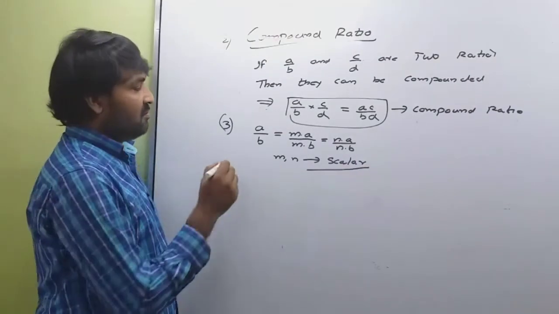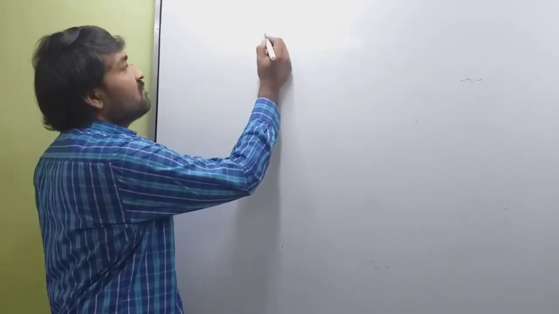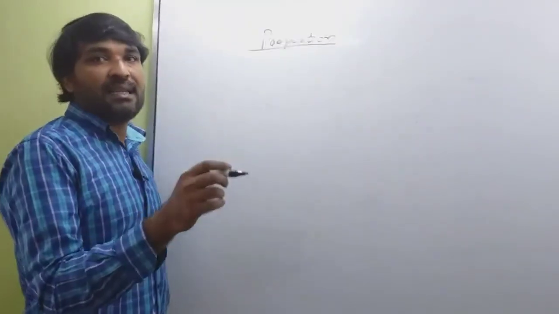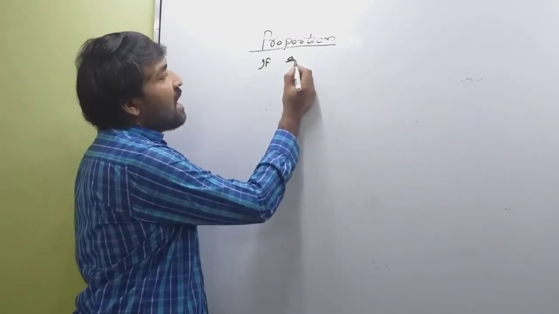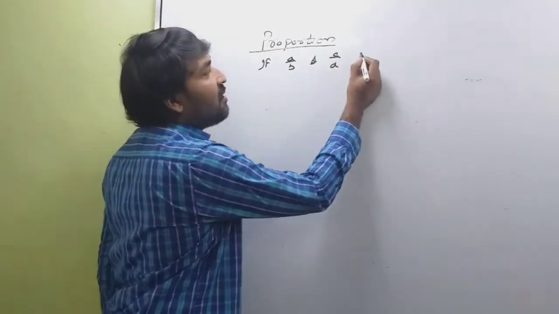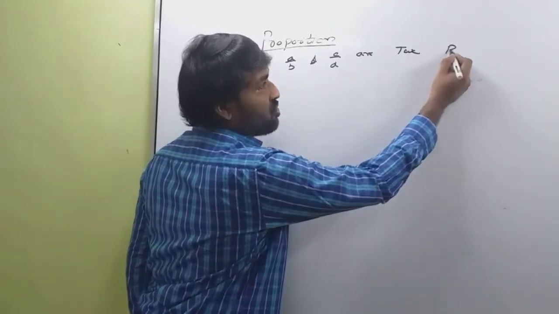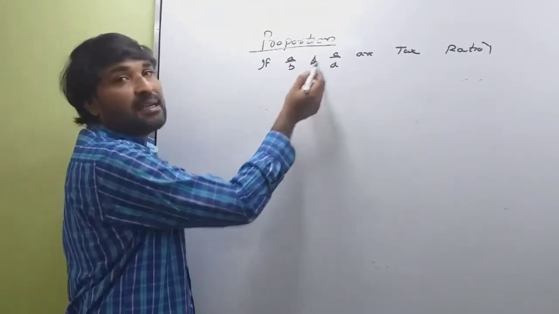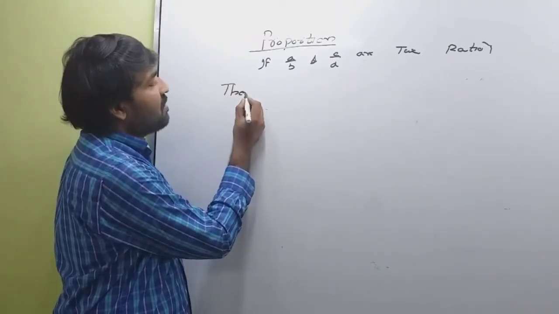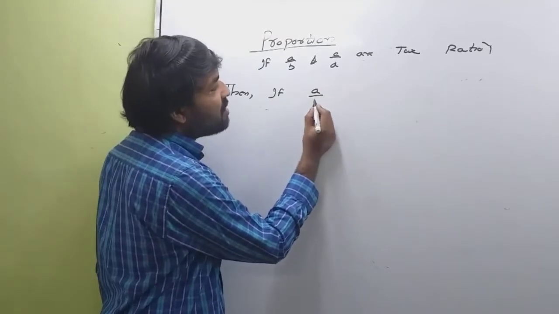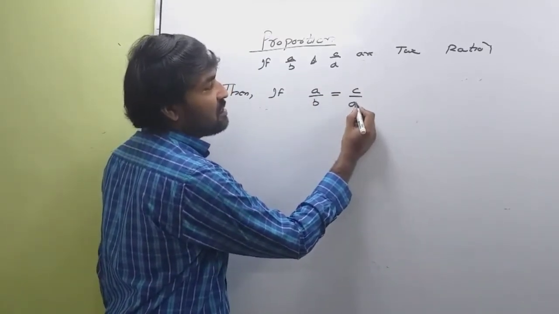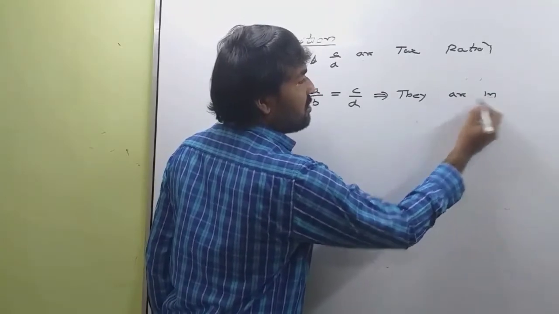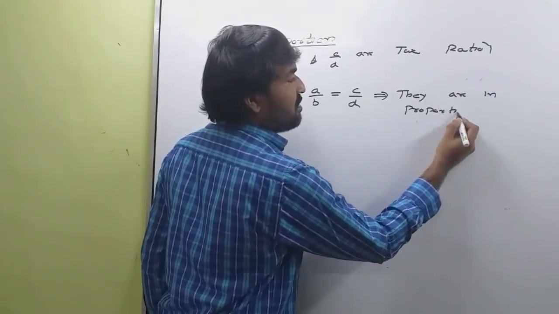Then the fourth point is proportion. Proportion says that if A by B and C by D are two ratios, then they are said to be in proportion if A by B is equal to C by D. So it's a condition.